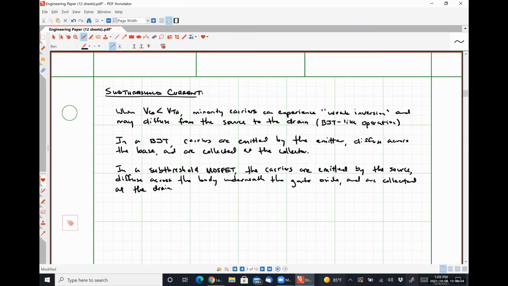So mathematically, our drain current is going to look something like this. We're going to call this ID off.